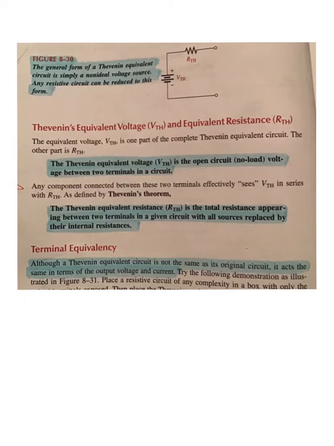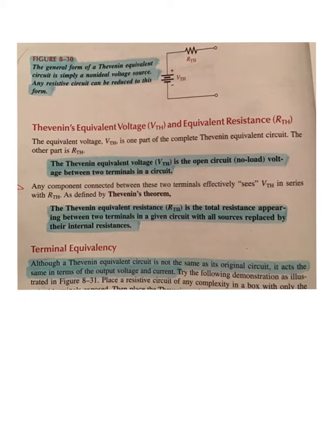In the bold in the middle of your page, it says, the Thevenin equivalent voltage, V Thevenin, is the open circuit, no load voltage between two terminals in a circuit. What's important to note is this is in the original circuit. So you've got this big circuit and there's a load resistor somewhere.